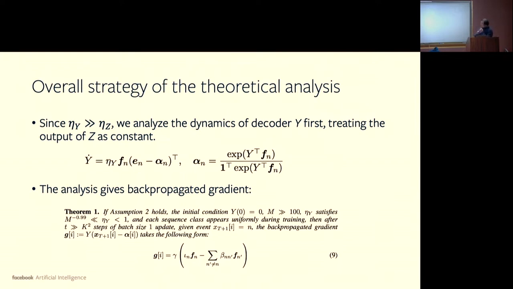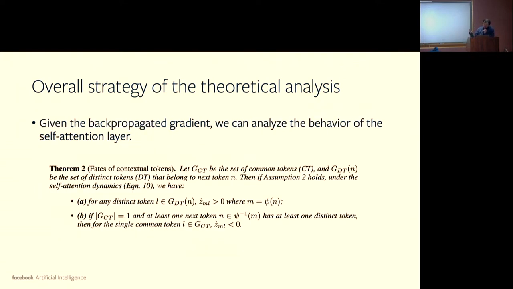And then once we have that nice equation, which tells you how the gradient backpropagates to the attention layer and how it is related to the data being fed into the decoder, then we can plug this back into the self-attention layer and analyze what's happening in the self-attention. Right?